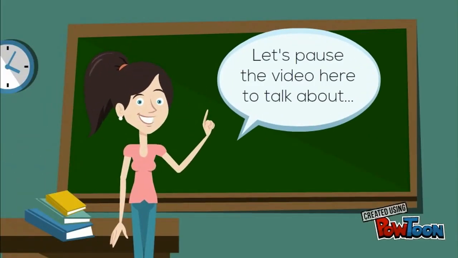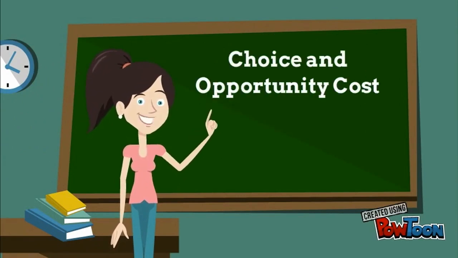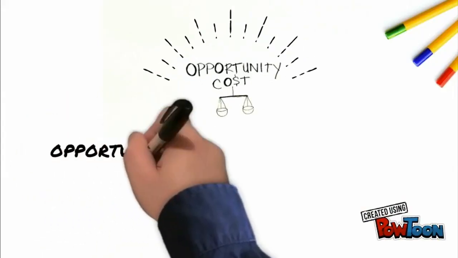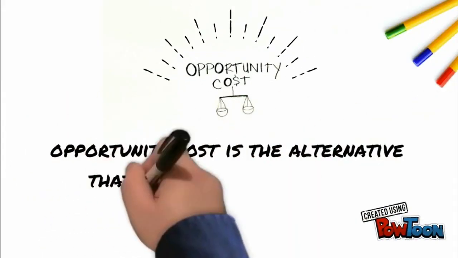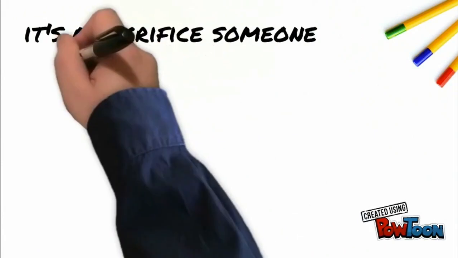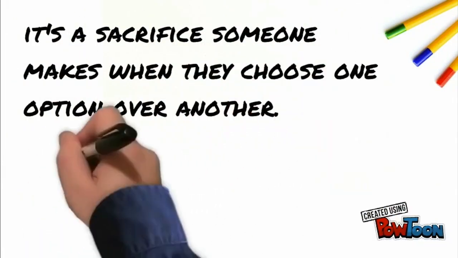Let's pause the video here to talk about choice and opportunity cost. But what exactly is opportunity cost? Opportunity cost is the alternative that must be forgone when making a choice. It's a sacrifice someone makes when they choose one option over another.